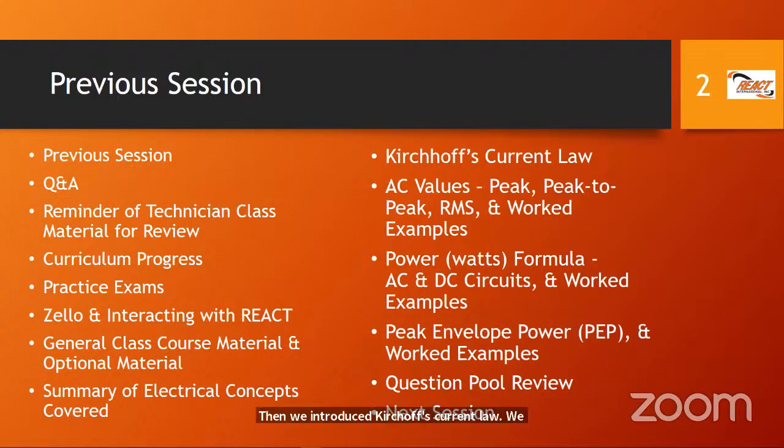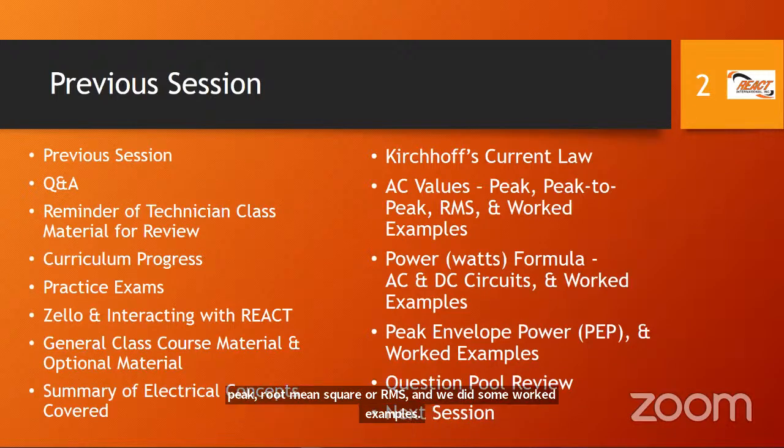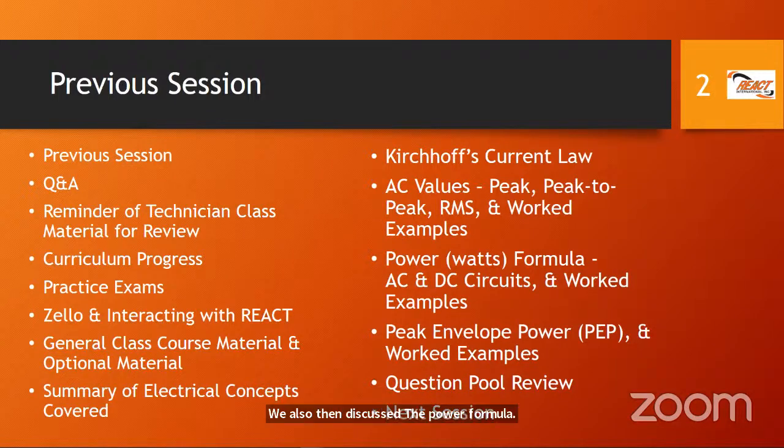We went into alternating current or AC values such as peak, peak to peak, root mean squared or RMS, and we did some worked examples. We also then discussed the power formula for both AC and DC circuits, and we did some worked examples. And then we ended with peak envelope power, or PEP, and we did worked examples also.